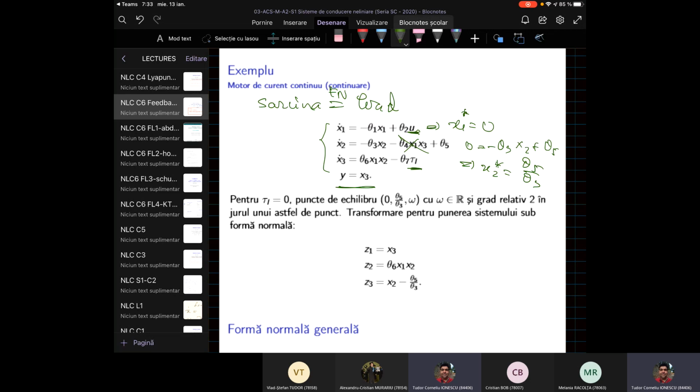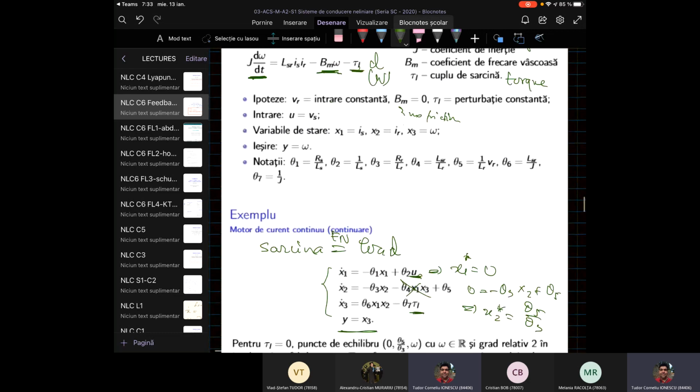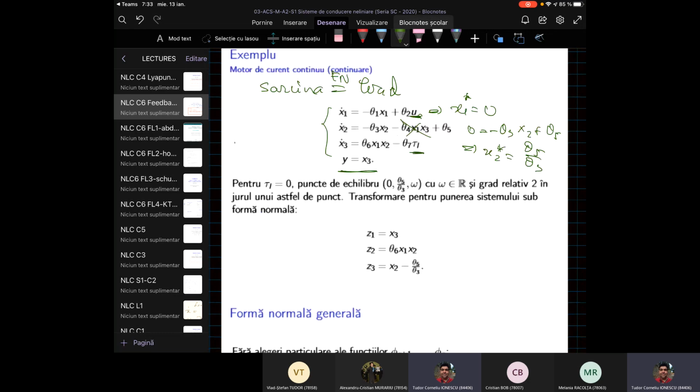And in the last equation you have 0 equal theta 6 x1 x2. Theta 6 goes out, so 0 is x1 x2, but x1 is 0, so you get 0 equals 0. Why is x3 omega? Because x3 is not coming into any equation. So x3 is any constant.